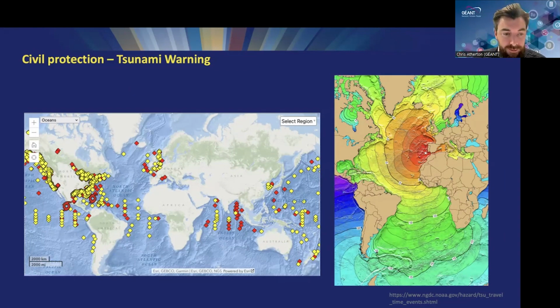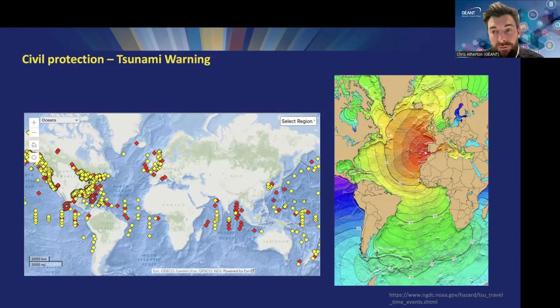Just to give you an example, this was an image I took about a month ago, but there are online sources where you can find this. All of the red dots are the tsunami monitoring buoys which are turned off or disabled. And these are in areas which need to protect human life.